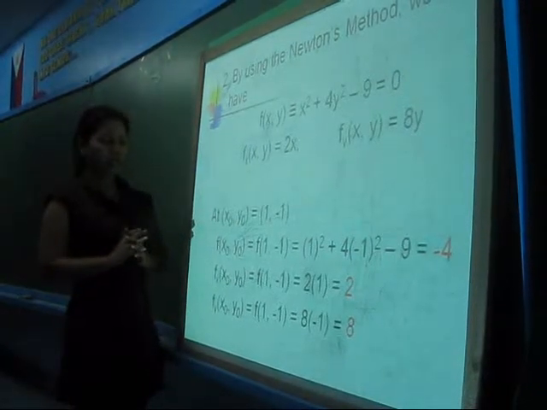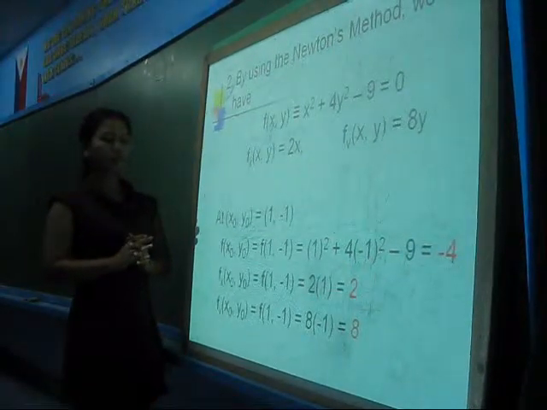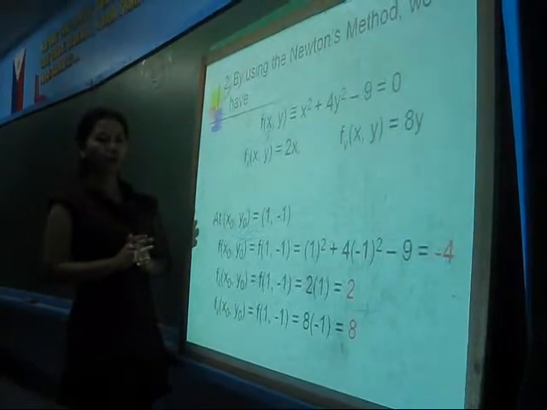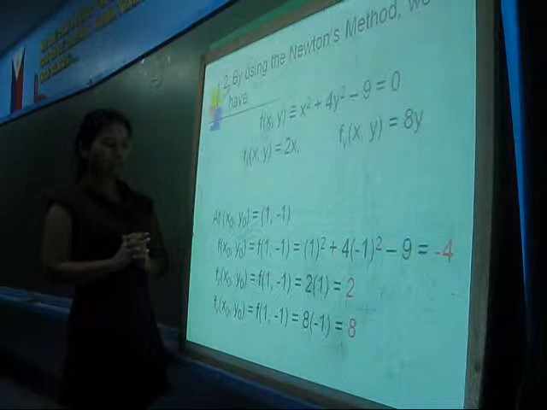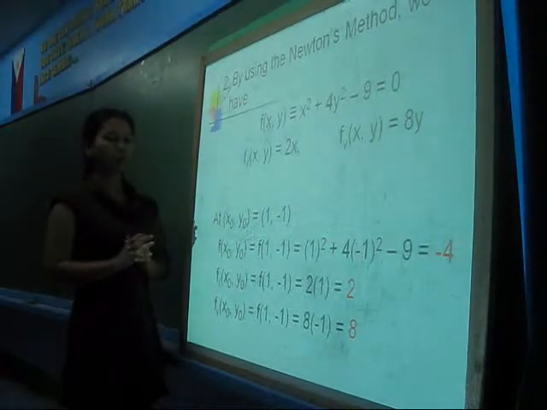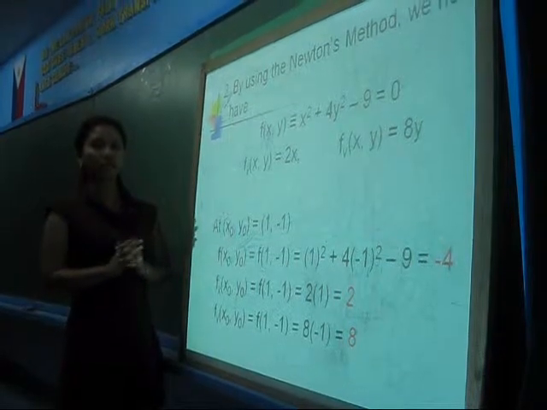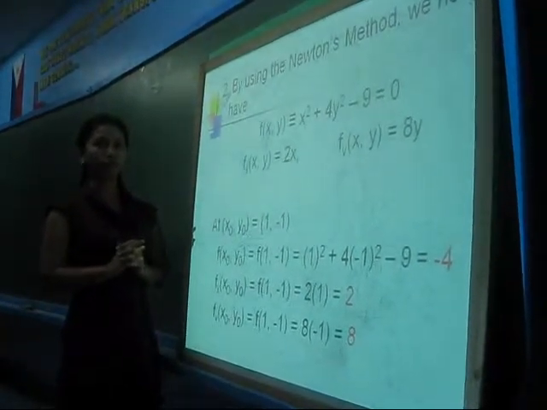And f sub x of x sub 0, y sub 0 is equal to 2 times 1, which is equal to 2. And then f sub y of x sub 0, y sub 0 is equal to 8 times negative 1, equals negative 8, again by substitution method.